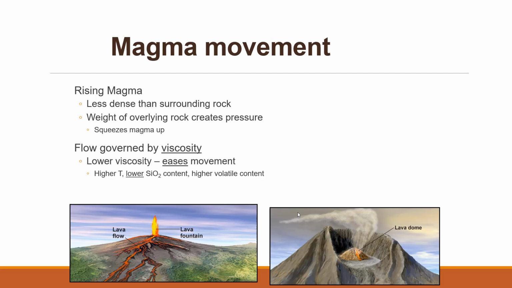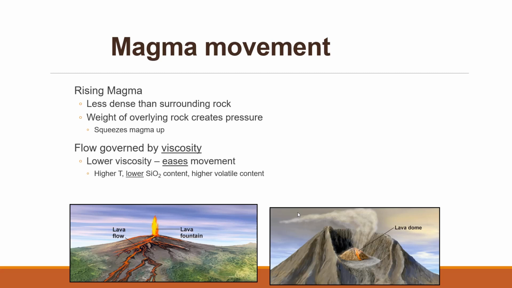Volatiles make the magma less viscous, but they tend to escape from our mafic magmas, so we don't have a lot in the mafic magmas. While it will make things less viscous, a high volatile content is not going to be enough to compensate for high silica and low temperatures.